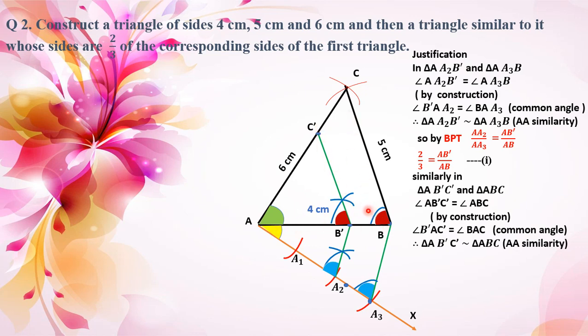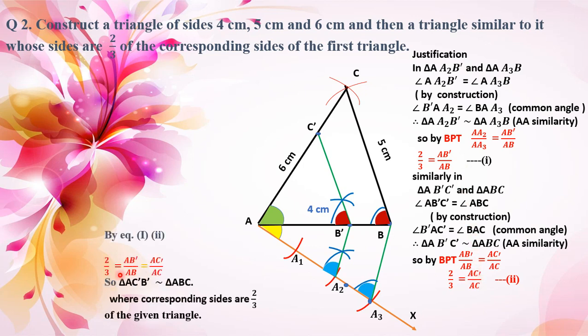And by the basic proportionality theorem, we can write AB dash upon AB equals AC dash upon AC. Here as AB dash upon AB is 2 by 3, AC dash upon AC is also equal to 2 upon 3. Now by these two equations, 1 and 2, both the sides are equal to 2 by 3.